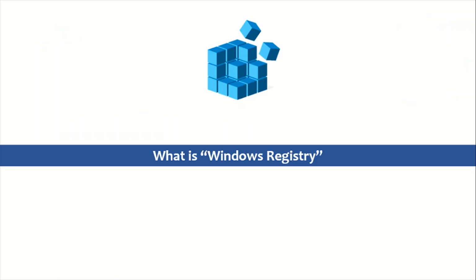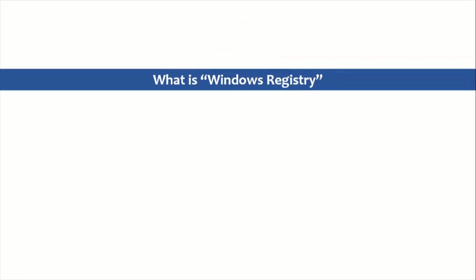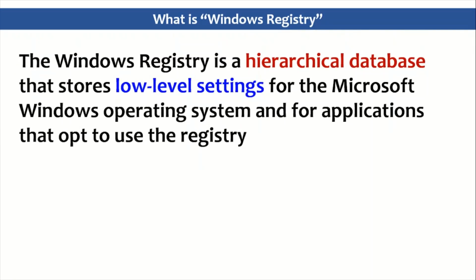So what is Windows registry? Windows registry is a hierarchical database that stores low-level settings for the Microsoft Windows operating system and the applications that opt to use the registry.